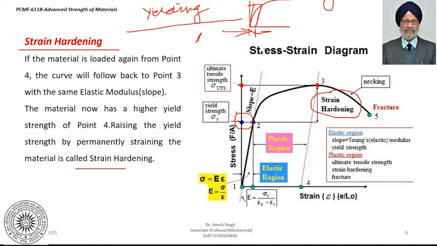But when the material has crossed this point, if you remember the earlier case I explained, ideally the curve is like this. So this is the upper yield point, and this one is the lower yield point.